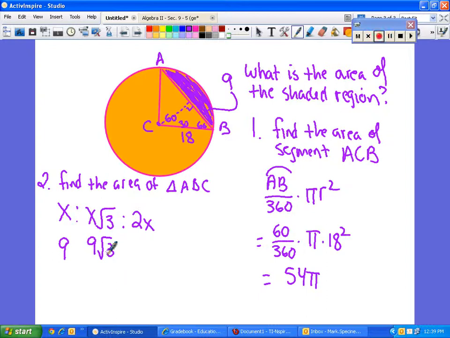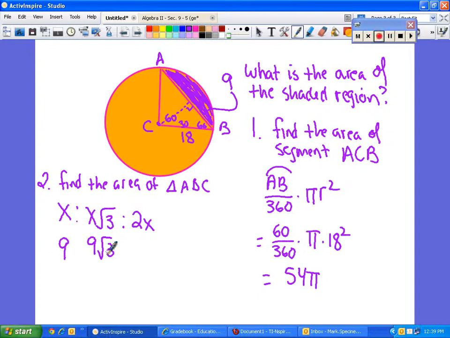Because we don't have a right triangle, we can't just use 1/2 base times height. We have to create the height. Now we have a triangle. Here's my height, here's my base. But we need to figure out the length of this height, the dotted line.